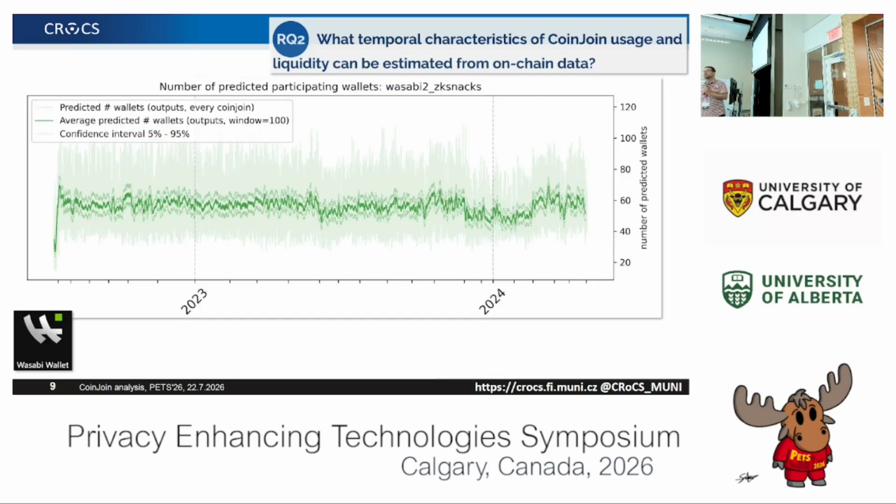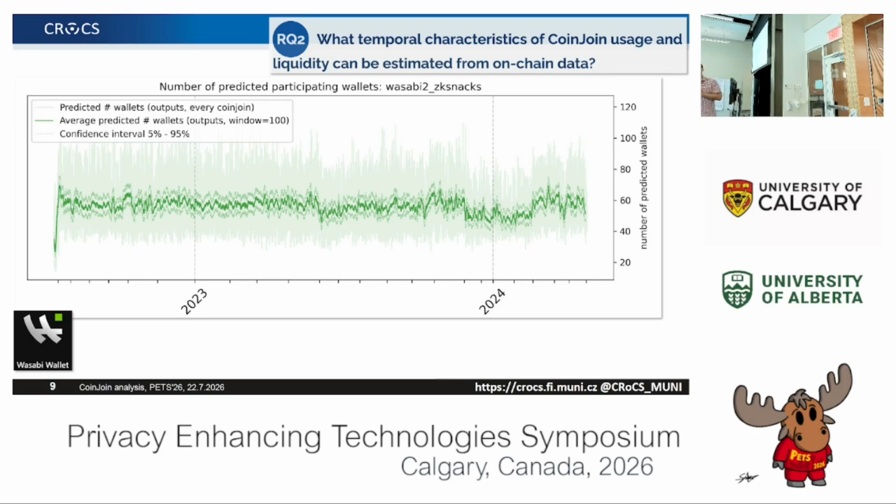The second important question is how many users are actually participating. For this, we used the fact that we participated in a large number of CoinJoins. We got behavior statistics about our wallet, extrapolated to the whole CoinJoin, and predicted the number of users.